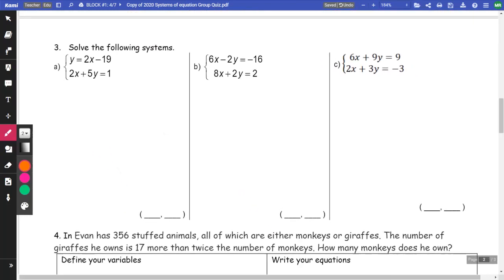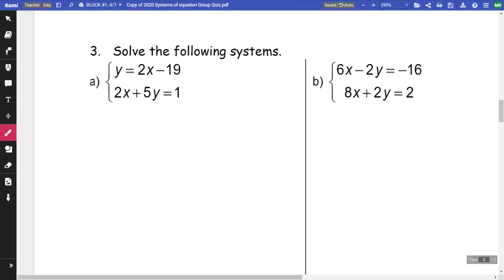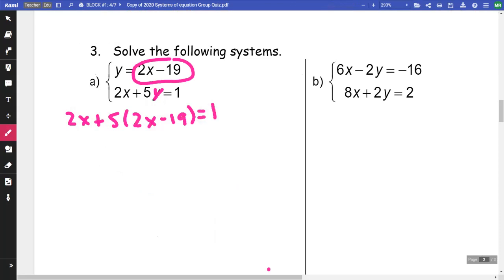These are solving systems. The first one, letter A, one of them's in y equal, the other one's not. We're going to use substitution. I'm going to substitute this in place of the y. So I'm going to go 2x plus 5 times (2x minus 19) equals 1, and I'm going to solve.